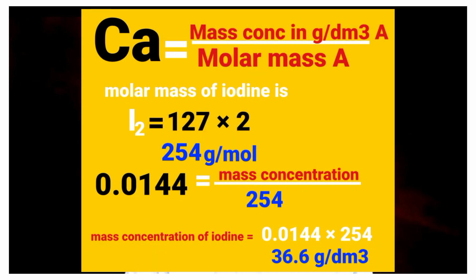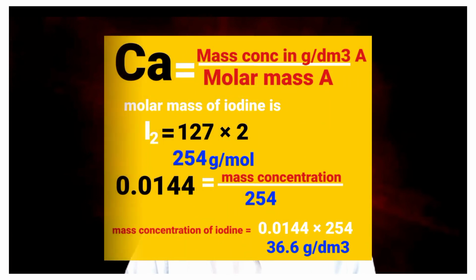Then making mass concentration the subject of the formula, we also earn you another 1 mark. Then our final answer. When you are calculating mass concentration, make sure it is in 2 decimal places or everything in 3 significant figures, and the unit for mass concentration is gram per dm cube.